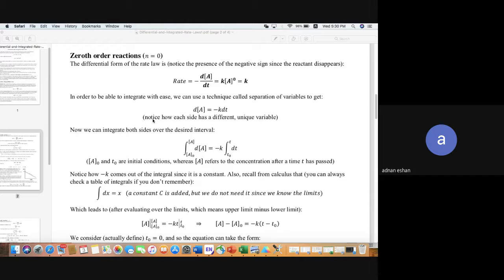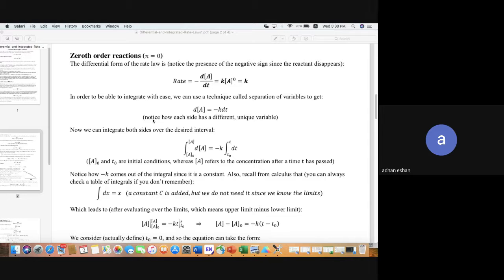Okay, so basically, the rate for a zero order reaction is minus dA by dt equal to k, which is the rate constant of the reaction, and after that we use a technique called separation of variables, and then we integrate both sides from A naught to A, where A naught is the lower limit and A is the upper limit.